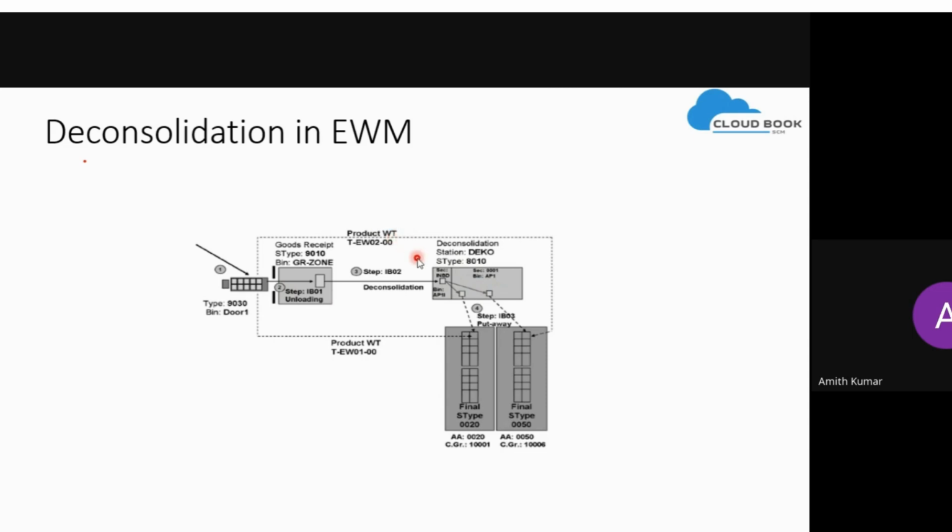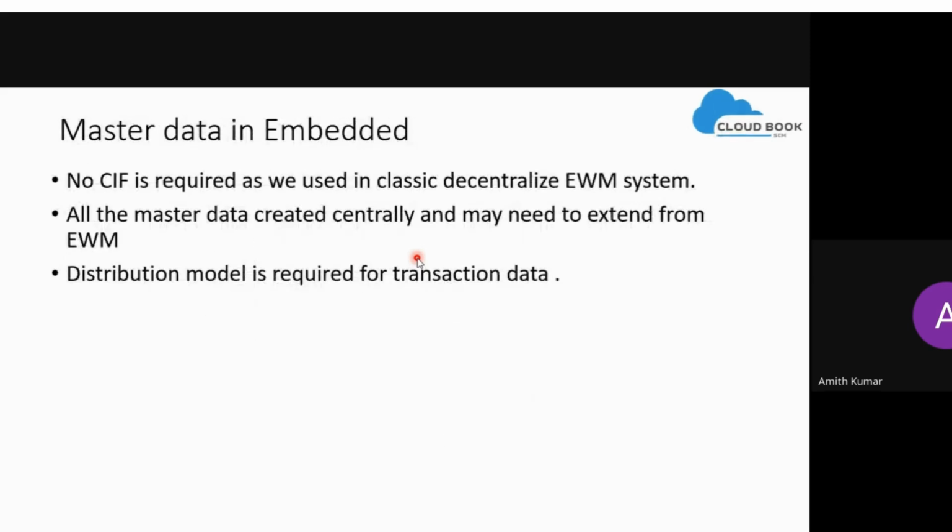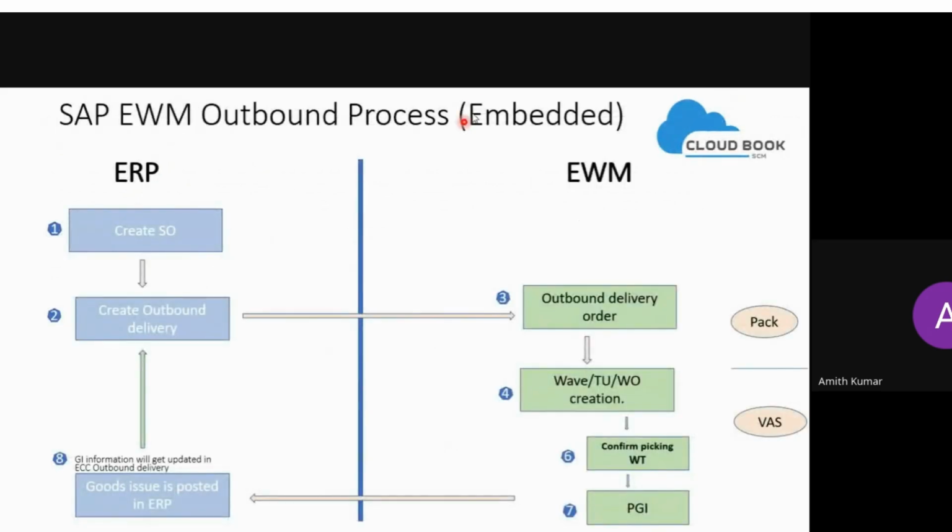So that is the process called deconsolidation. Then, there are a few master data topics which I think are not important for this particular session, but just a quick update on embedded EWM. So we are talking about the embedded EWM, so everything is in one box.